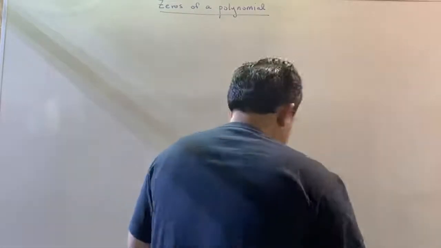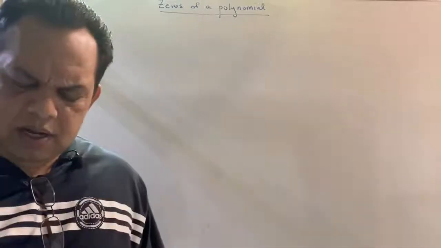Let's look at the polynomial g of x is equal to x cubed minus 7x minus 6.